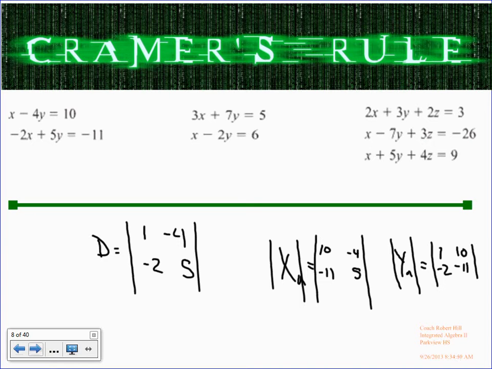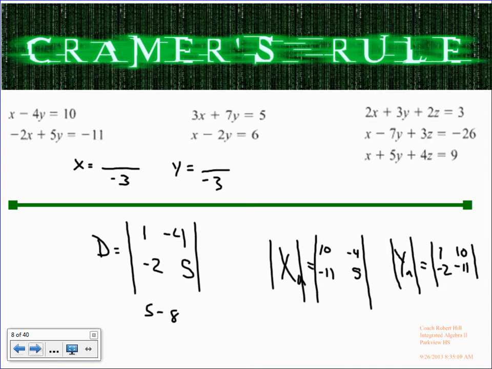Then, when you calculate these, I cross multiply, I get 5 minus 8. 5 minus 8 is -3. So x's denominator is -3. Y's denominator is -3. Okay?